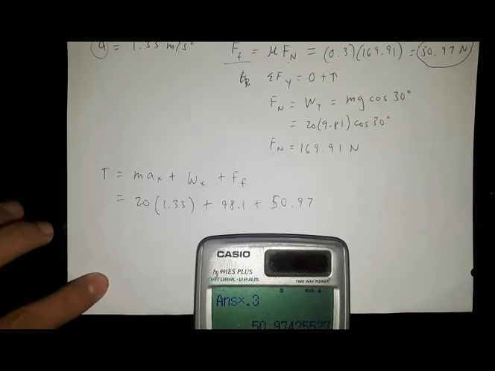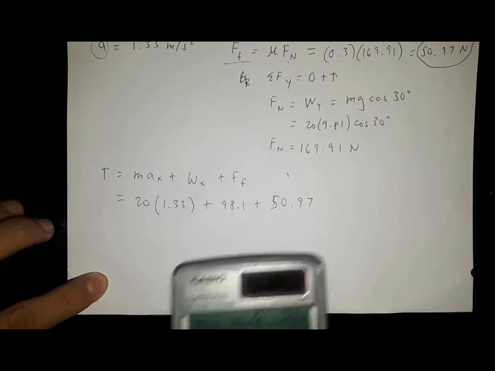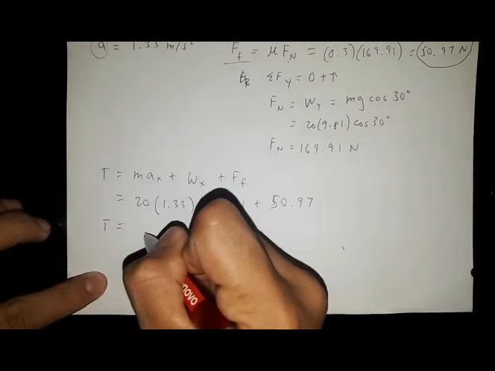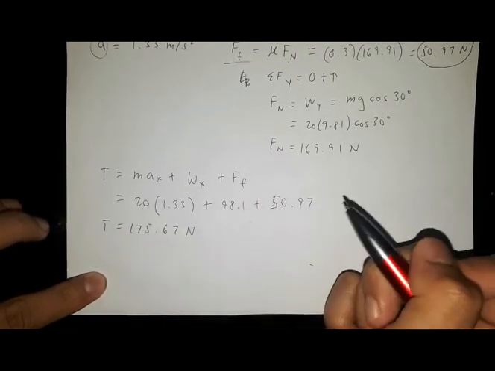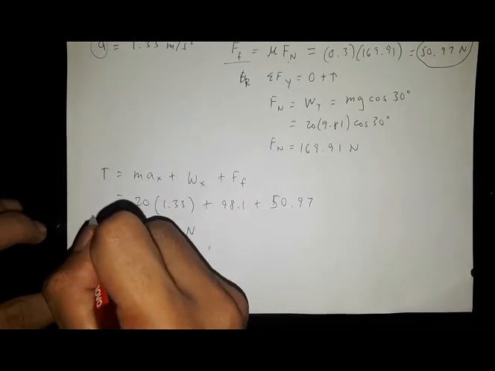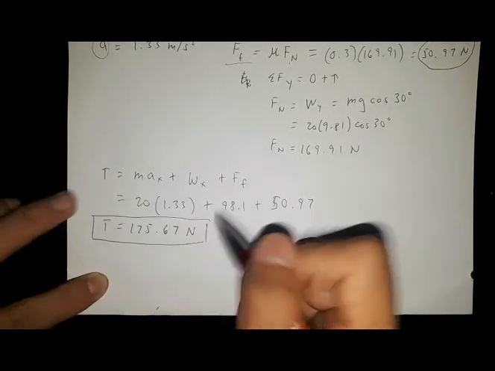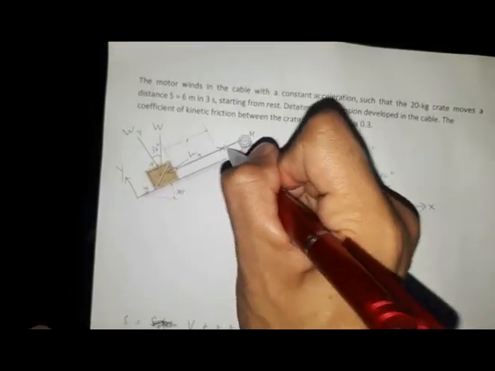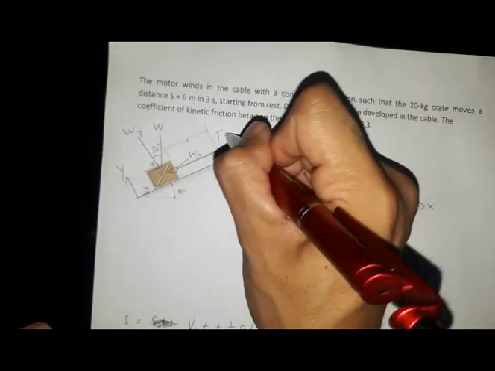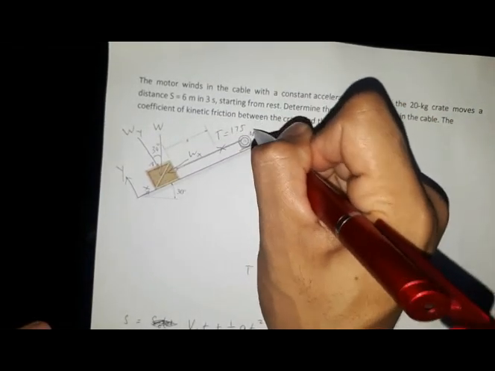So we have 20 times 1.33 plus 98.1 plus 50.97. T is equal to 175.67 newtons, and that gives the value of the tension for the cable.